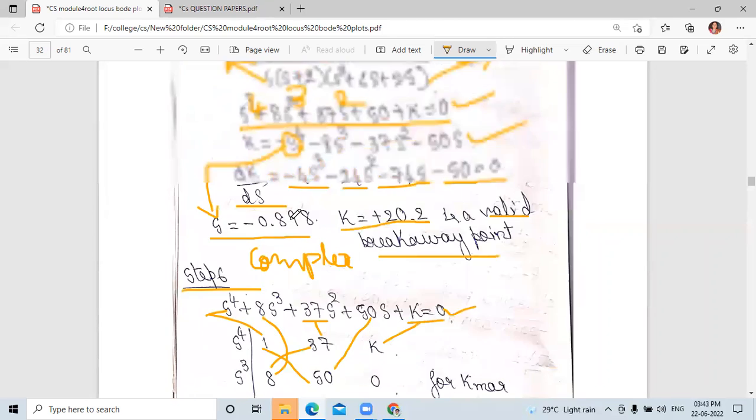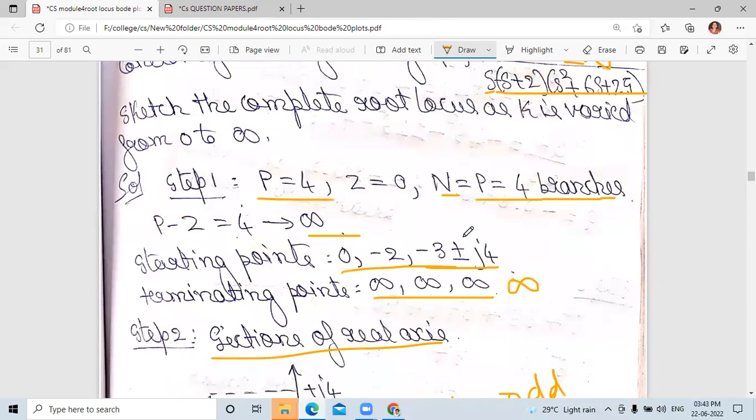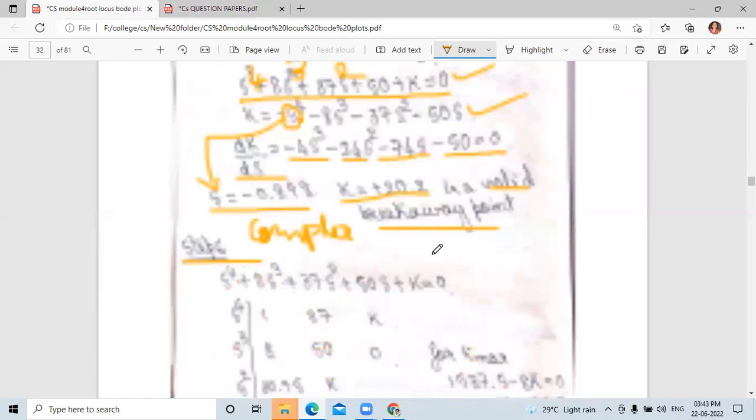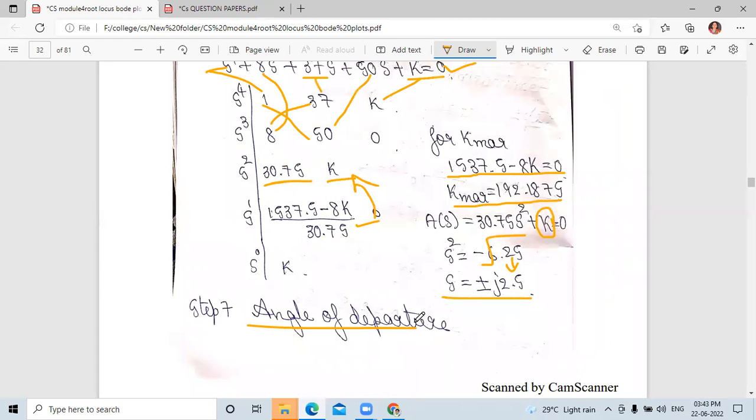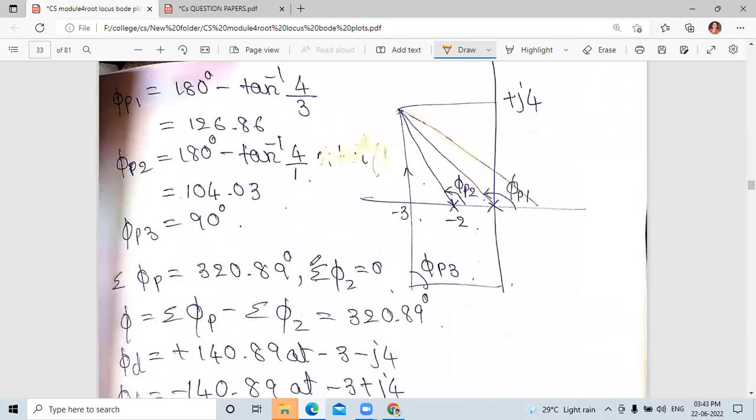Next, here the complex part is there in the starting. This is the complex part, so the angle of departure is required. We need to find out the angle of departure. Here the poles are like this: 0 and minus 2, minus 3 plus j4, minus 3 minus j4. We are considering now minus 3 plus j4.